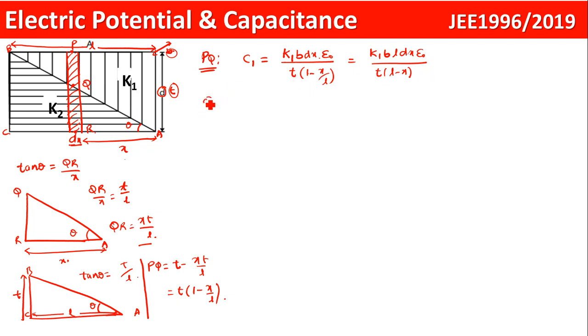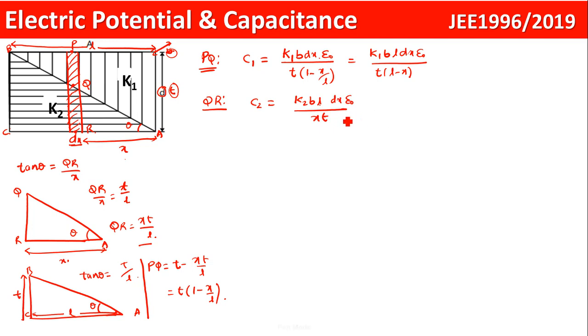Let us find the capacitance corresponding to QR. Say C2 is the capacitance: K2 B dx epsilon naught by the separation between the plates, that is QR, which is nothing but xT by L. Writing L here, C2 is K2 B L dx epsilon naught by xT.